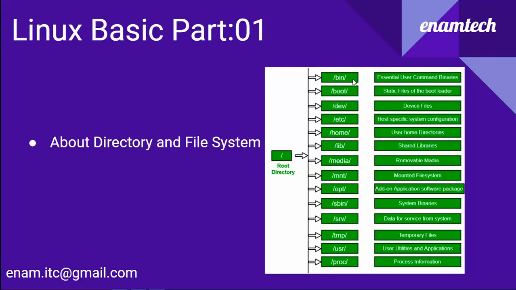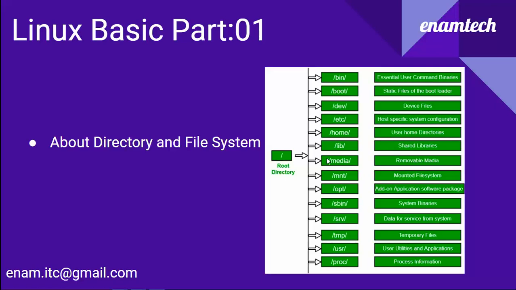the bin directory, which contains essential user command binaries, and the boot directory, which contains static files of the bootloaders. The dev directory contains device files. The etc directory contains host-specific system configuration files, and the home directory contains user home directories and user information.